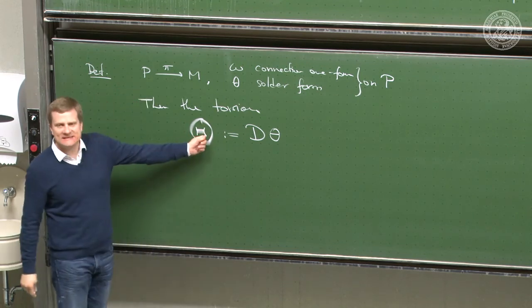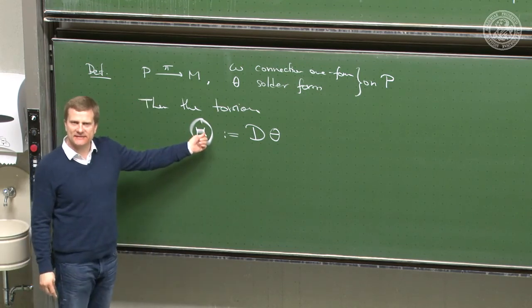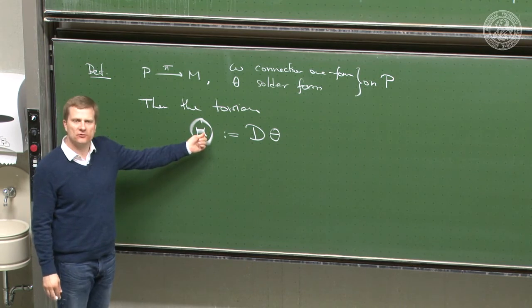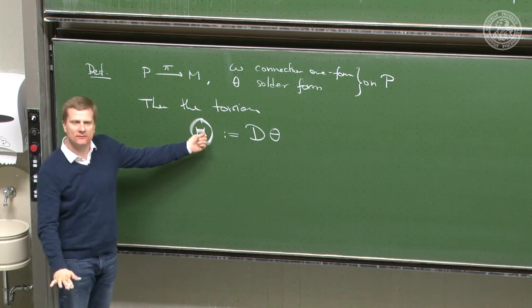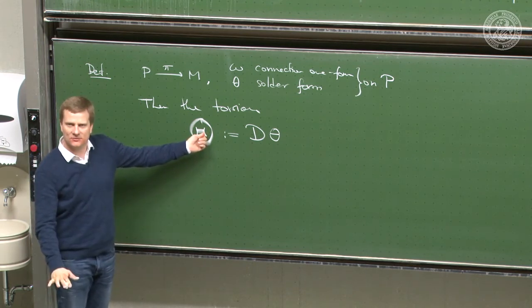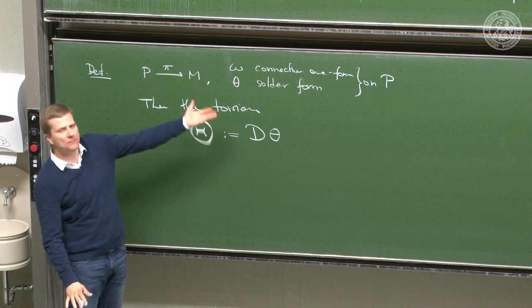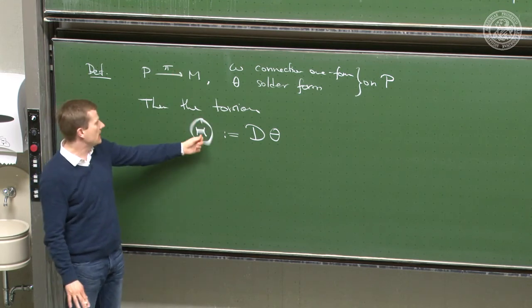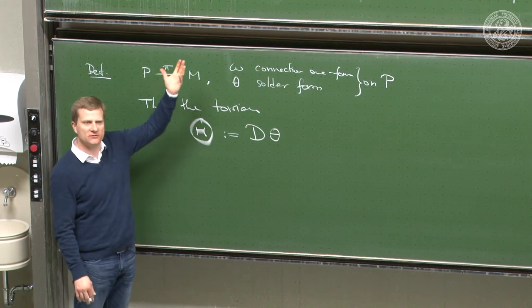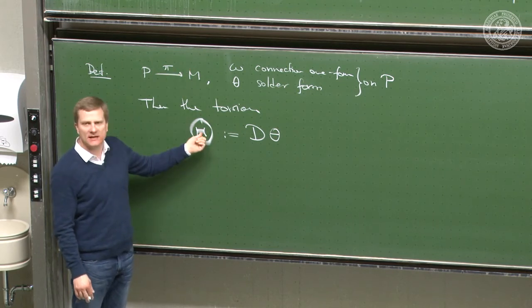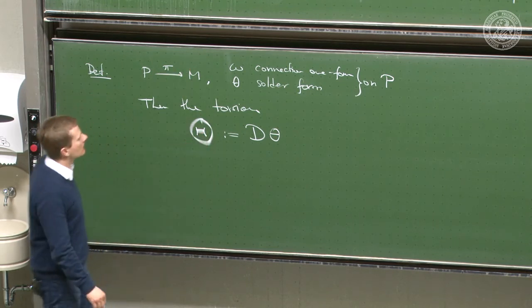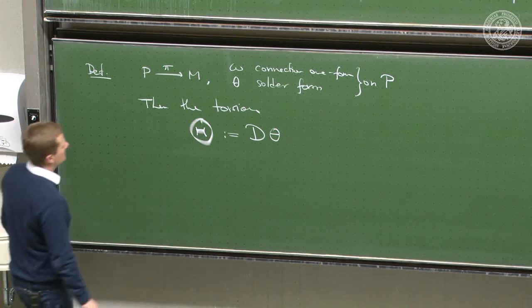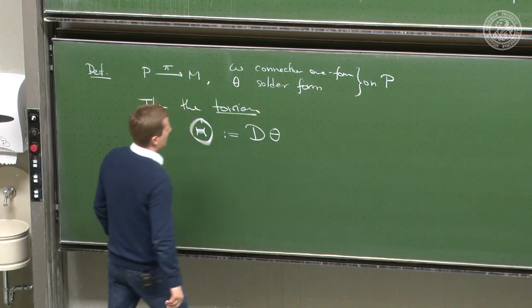I could have called this T, like torsion, but the T is reserved for the torsion once you push it down to the base space, but this is again up there on the principal bundle. Hence we better also use, like for the curvature, where we have the capital Omega, here the capital Theta. Okay? Then the torsion is defined as such, and what is it?